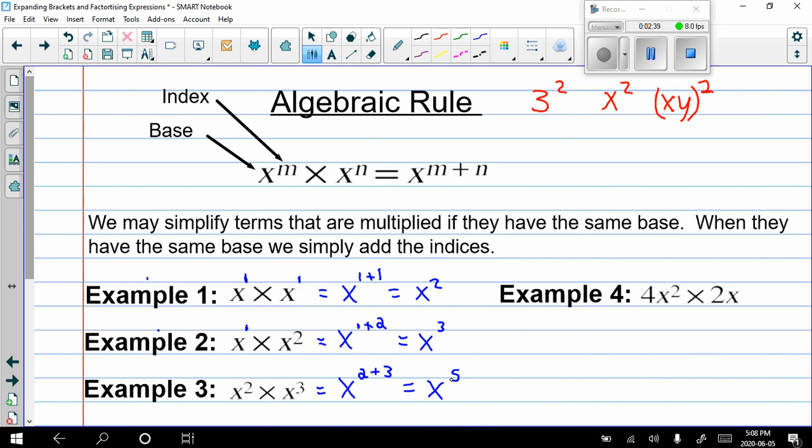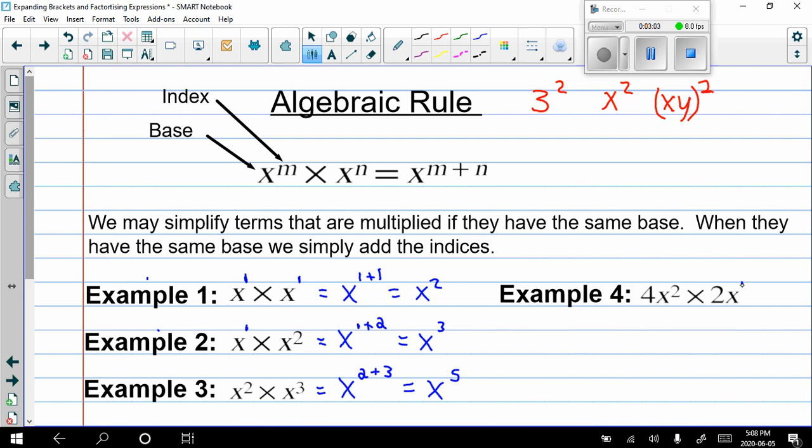And the last example we're going to go through is what happens when you have something that has numbers and has some variables in it, when we have our leading coefficients, as we call them. So our coefficient on the x squared term is 4, and our coefficient on the single power of x is 2. So, well, what do we normally do when we multiply numbers?